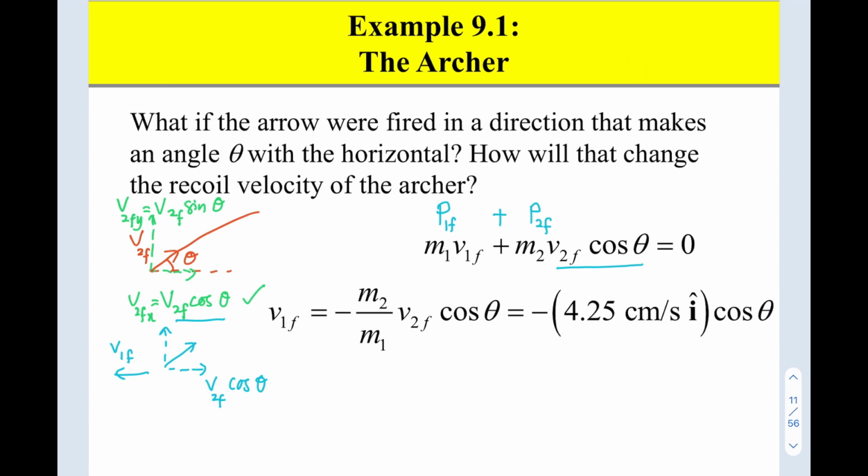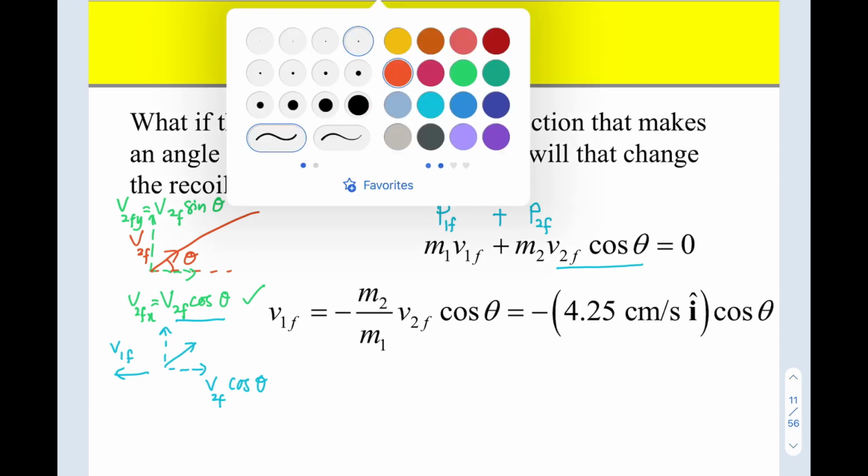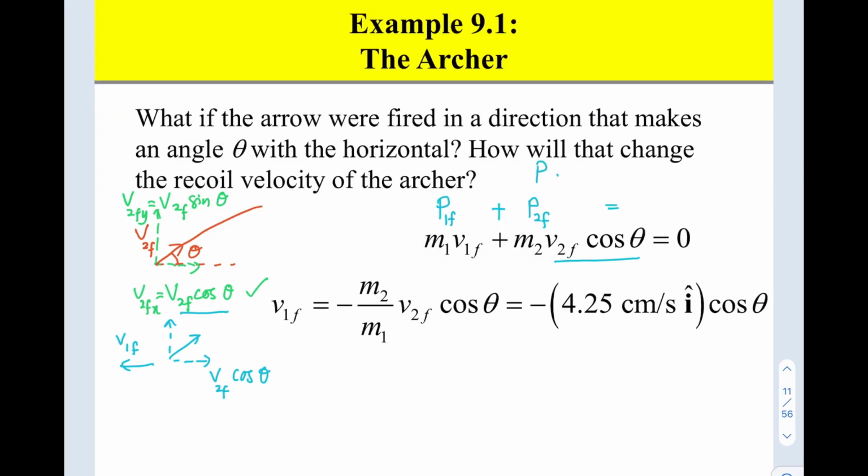So make use of conservation of momentum. P final is equal to P initial. P initial of object 1, the archer, and P initial of object 2, the arrow, are both at rest. So they have no v, therefore no momentum. It's just like the case of explosion, remember?